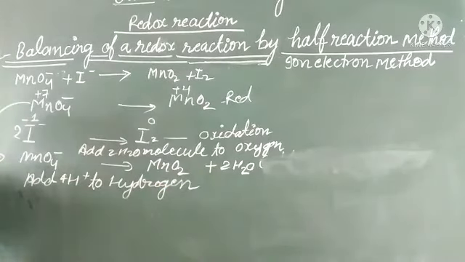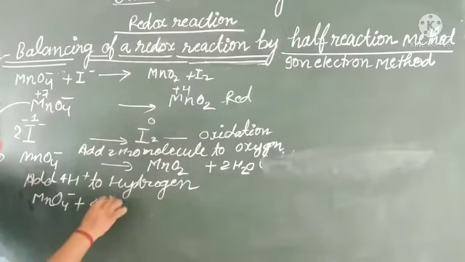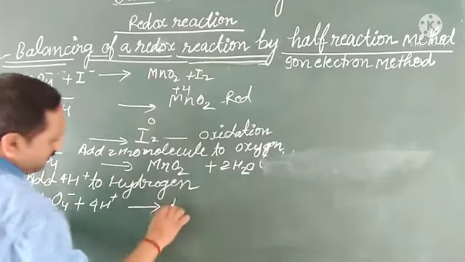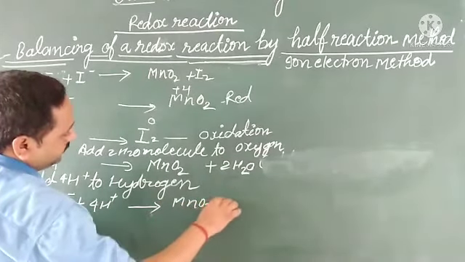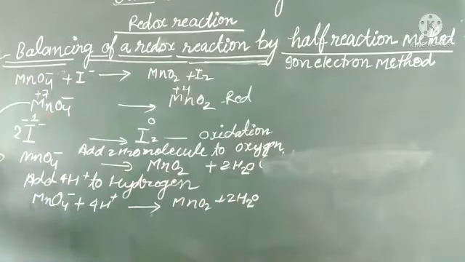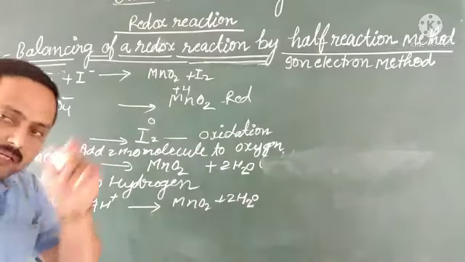So MnO4 minus plus 4 H plus gives MnO2 plus 2 H2O.